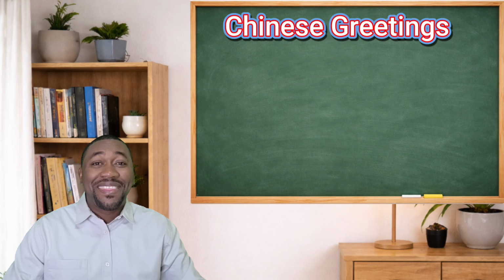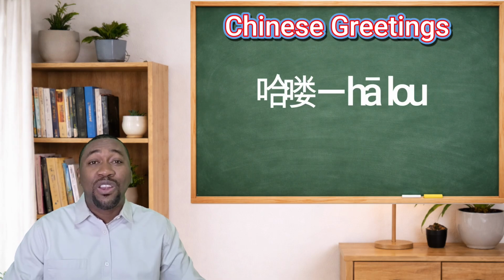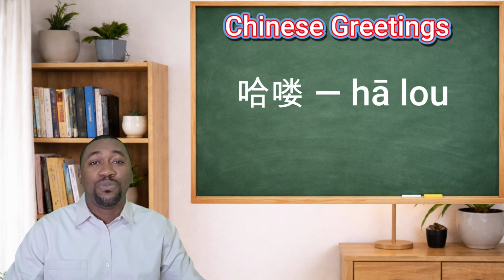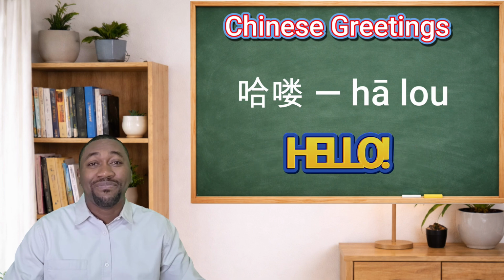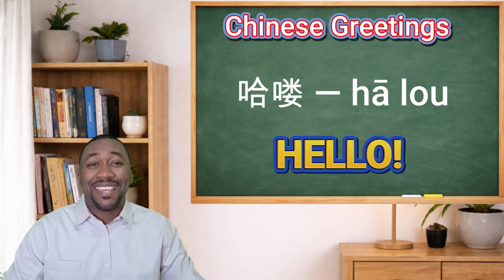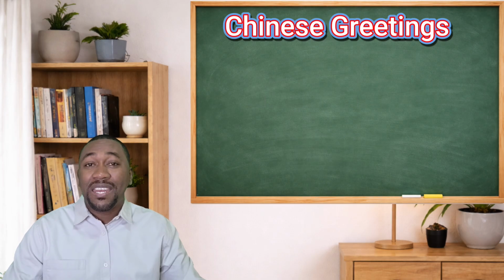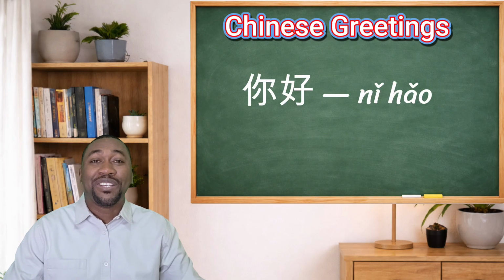In Chinese, greetings can be casual or formal. For casual, there is one very common one, and that is hello. And you hear that a lot these days. Hello is just an informal borrowing of the English word hello. Then we have ni hao, which we just learned.